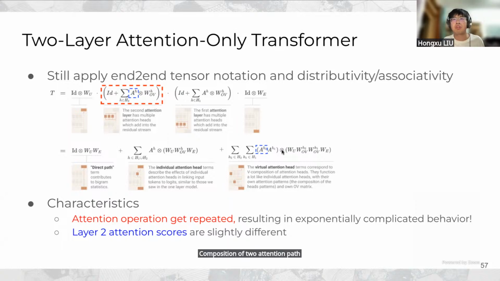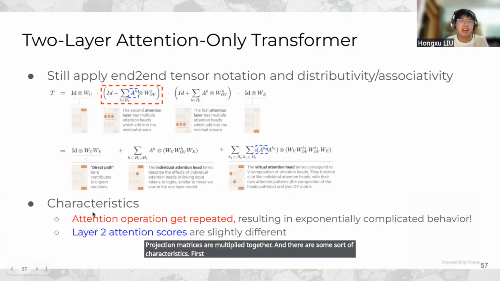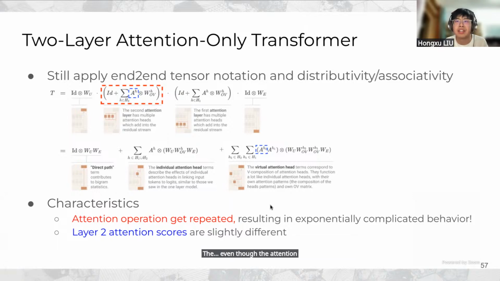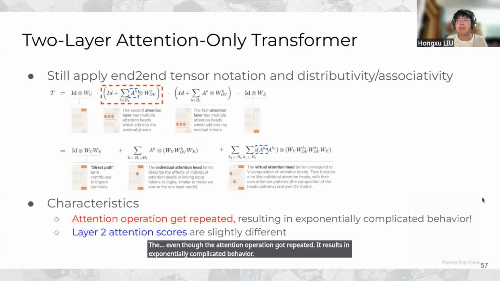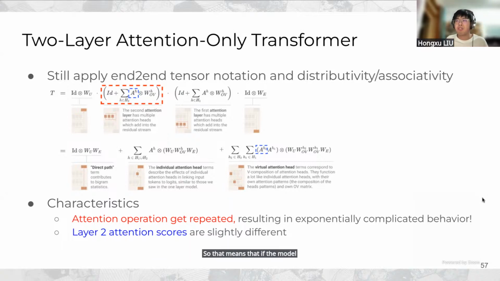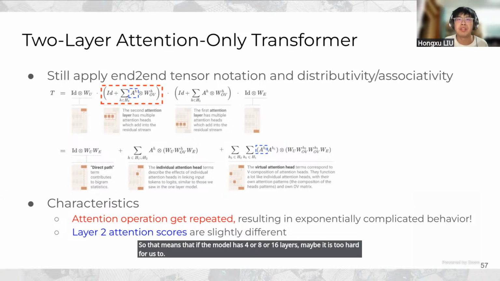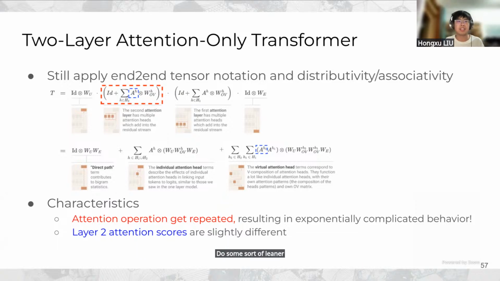The attention score matrices and the output value projection matrices are multiplied together. And there are some characteristics. First, even though the attention operation gets repeated, it results in exponentially complicated behavior. That means that if the model has 4 or 8 or 16 layers, maybe it is too hard for us to do linear algebra analysis.